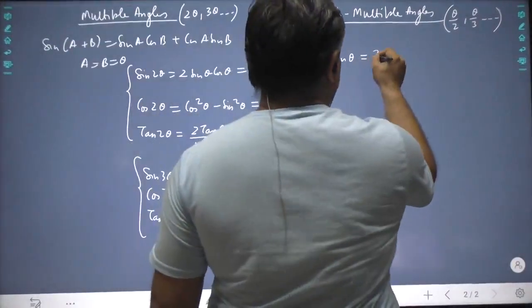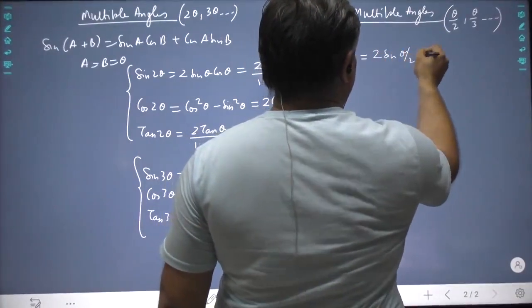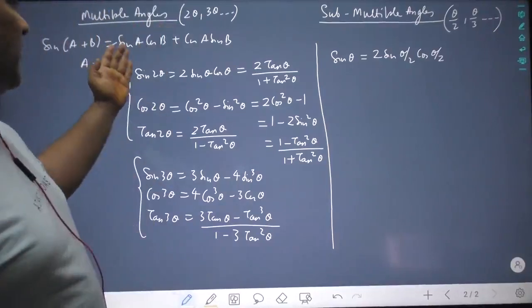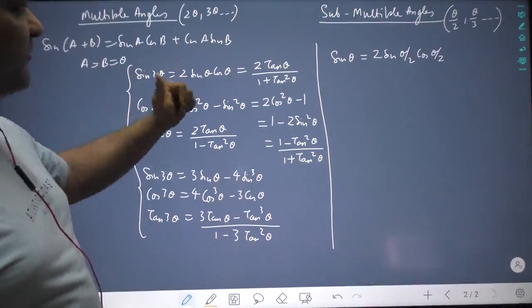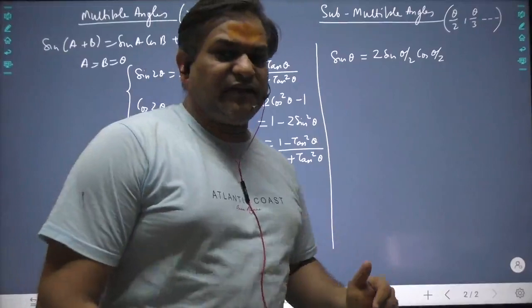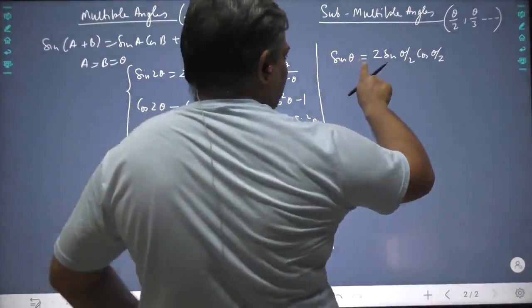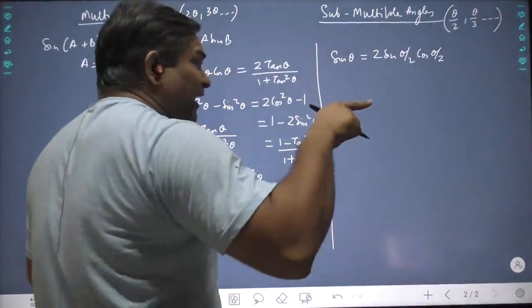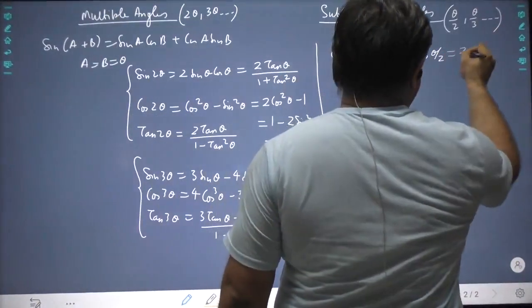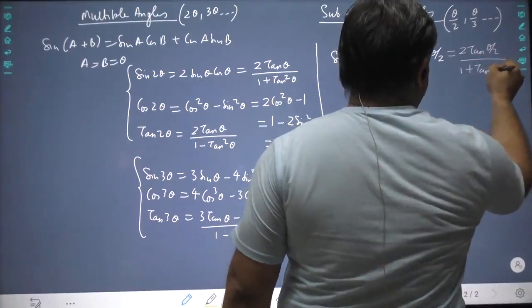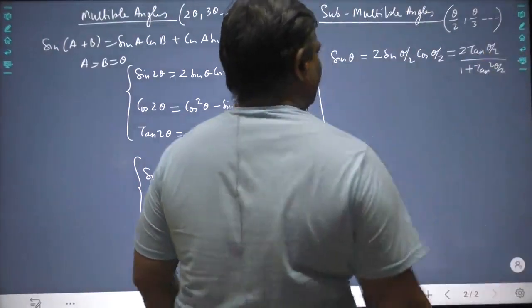So this will become 2 sin theta by 2 cos theta by 2. Multiple means breaking 2 theta in terms of theta. Submultiple means breaking theta in terms of theta by 2. So we have sin theta is 2 sin theta by 2 cos theta by 2. Similarly, you will have 2 tan theta by 2 upon 1 plus tan square theta by 2.